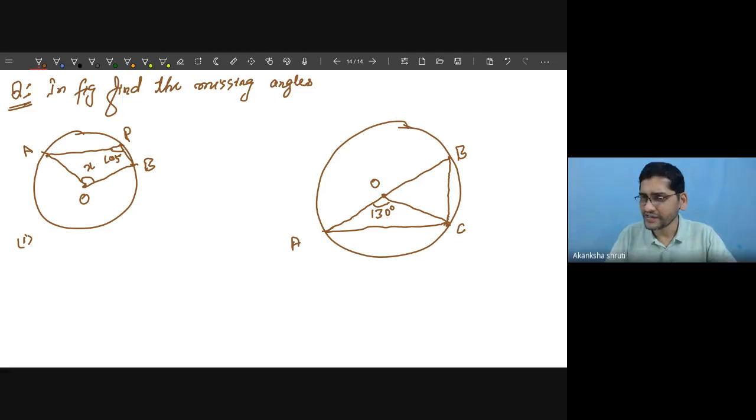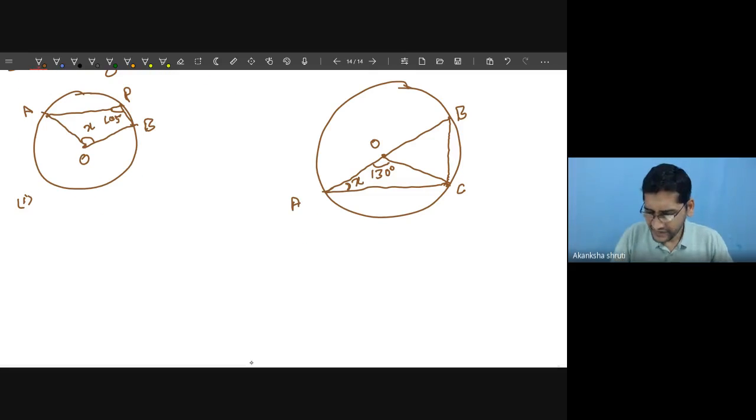Then we need to find the other angle, this angle X. Students, this is the angle X that we need to find. This is my figure number 2.